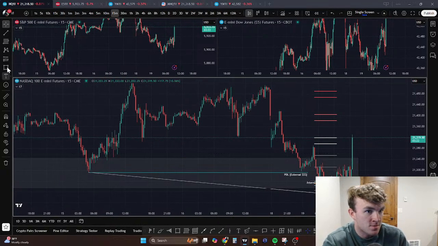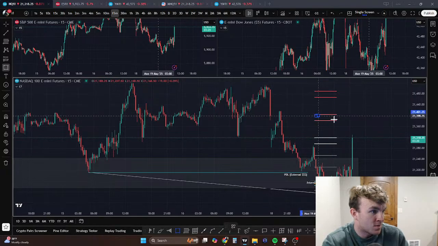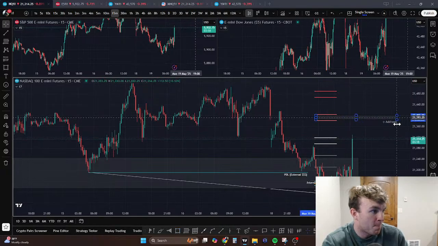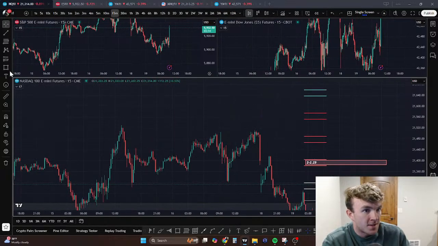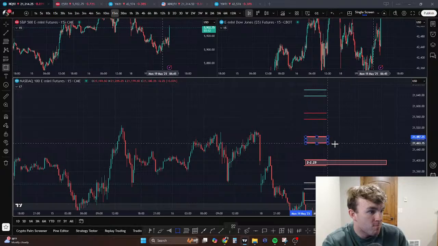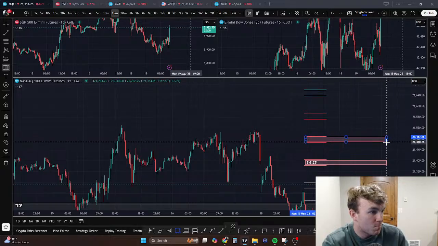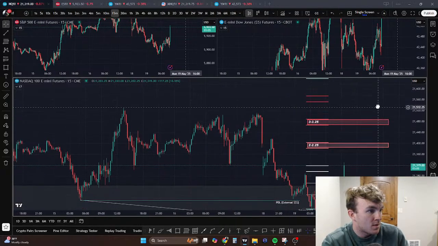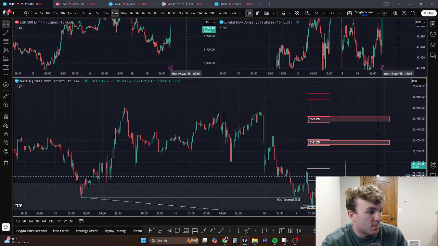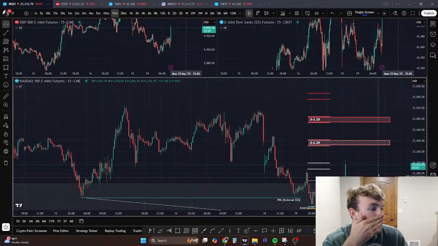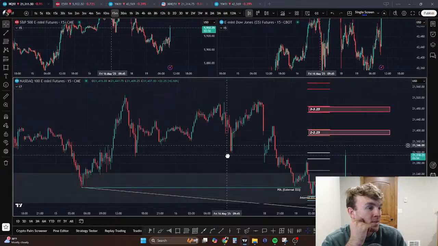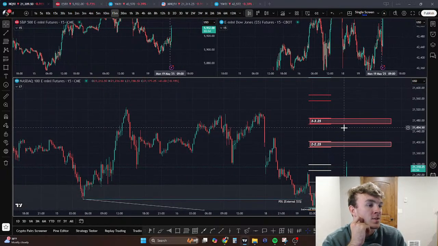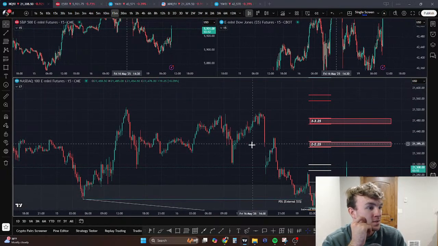So we're going to mark out our second standard deviation, our third standard deviation, and our fourth. Now I'm keeping an open mind because maybe this is the Judas swing, but with this giant SMT, and with the higher time frame being bullish, I could see us just running through all this.